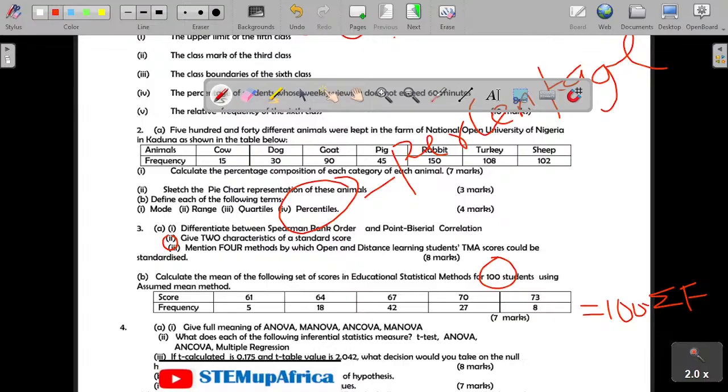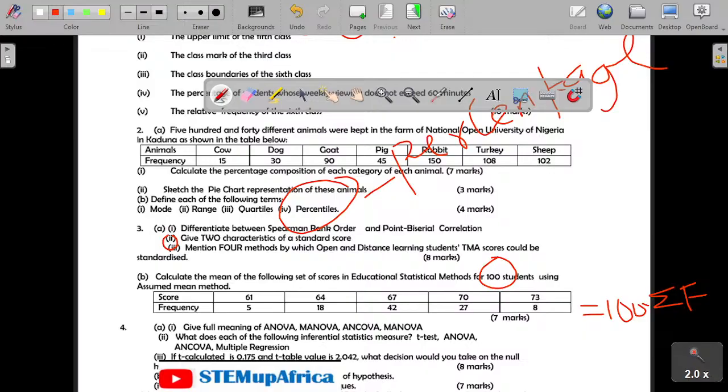Then we calculate the mean using an assumed mean. So it has a formula. One thing about statistics is that you will know the formula. The formula will help you to track what you are doing and give you a sense of direction. So let's first state the formula of an assumed mean.